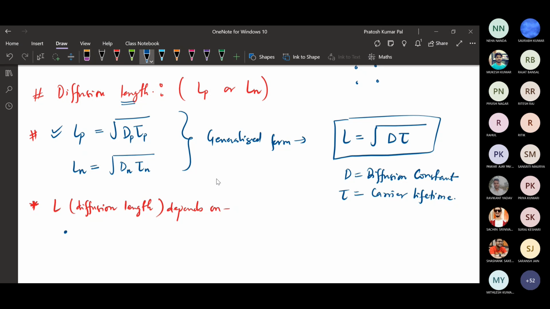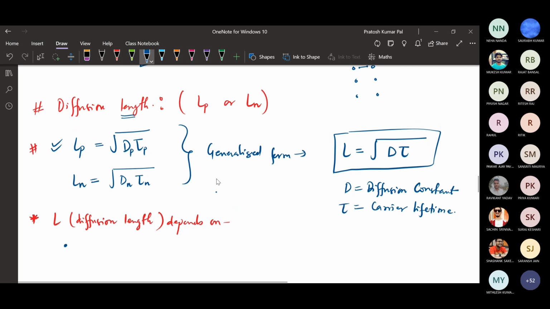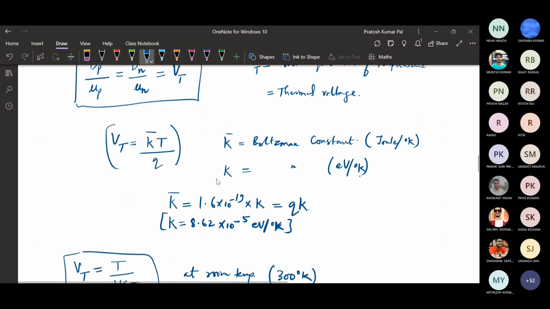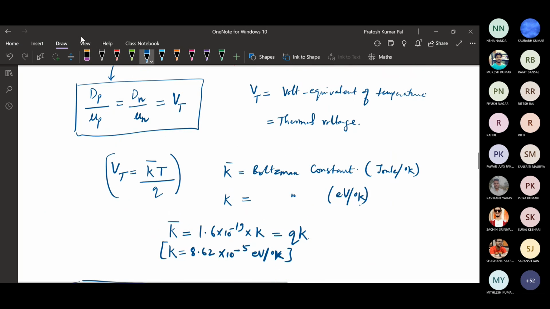But from the above Einstein equation, we can see the diffusion coefficient depends on mobility: Dp is given by mu p into VT, or Dn is equal to mu n into VT.